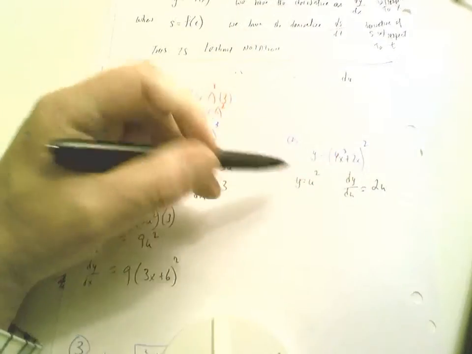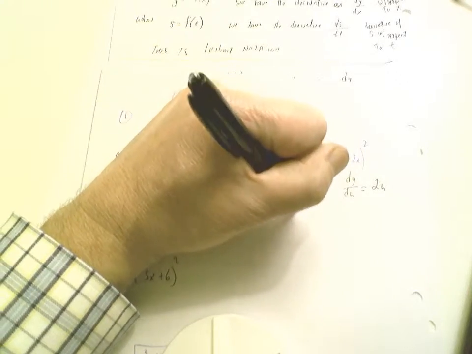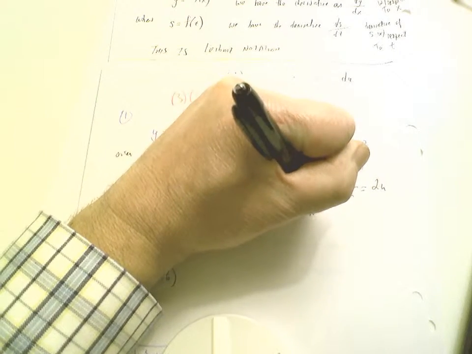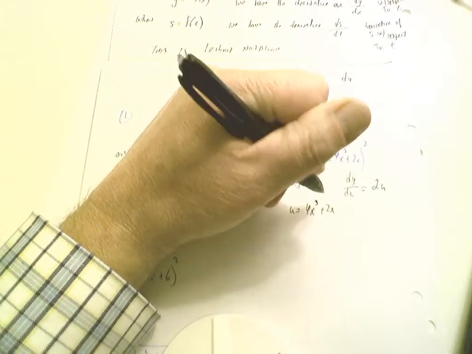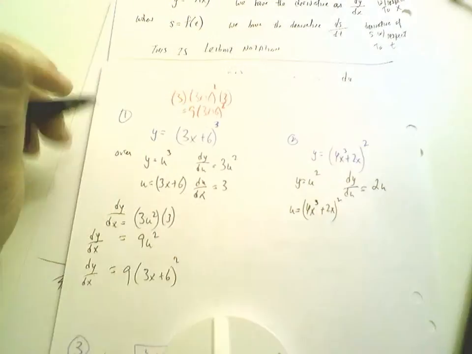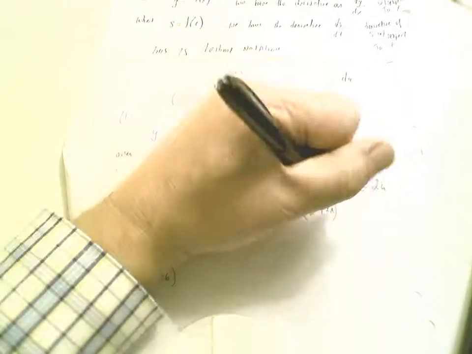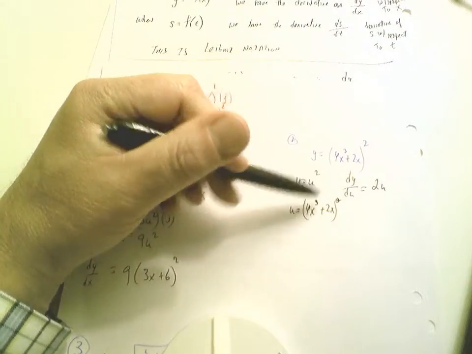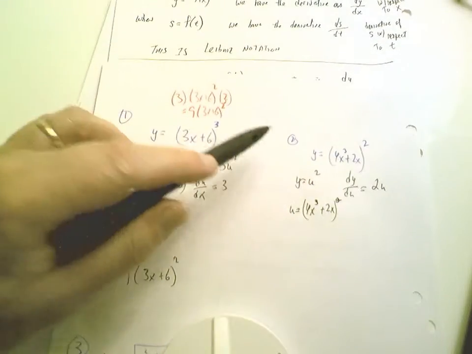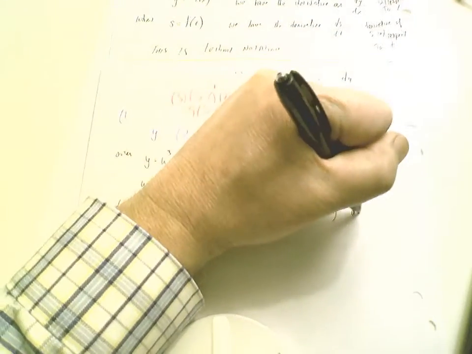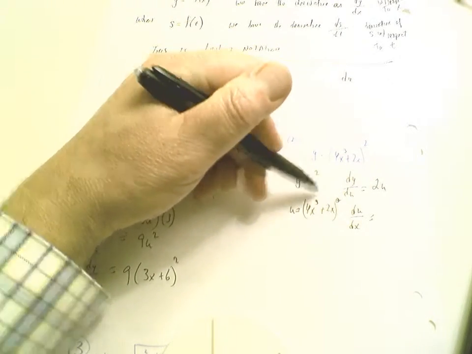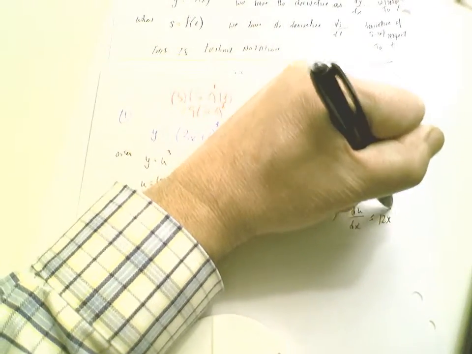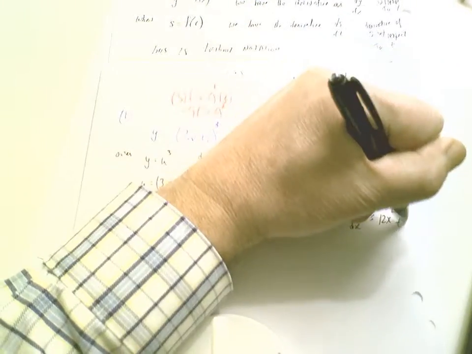My inner function is u equals 4x cubed plus 2x. Excuse me. U is 4x cubed plus 2x. I'm sorry, it's just what's inside there. Apologize for that. Du dx is nothing more than the derivative of 4x cubed plus 2x, which is 12x squared plus 2.